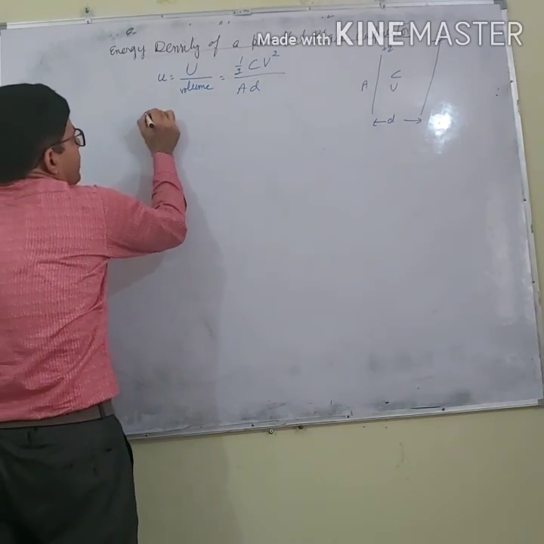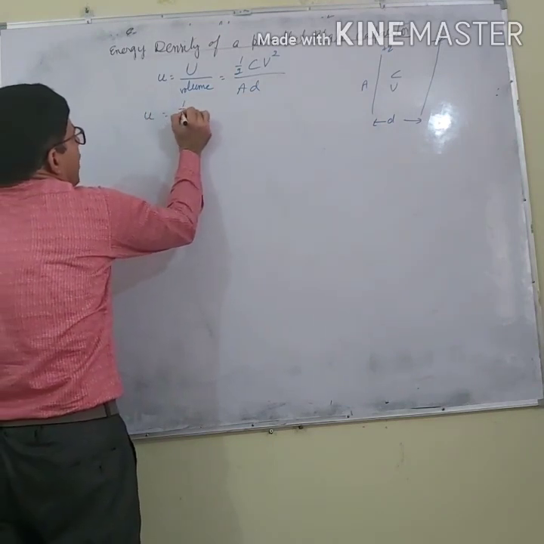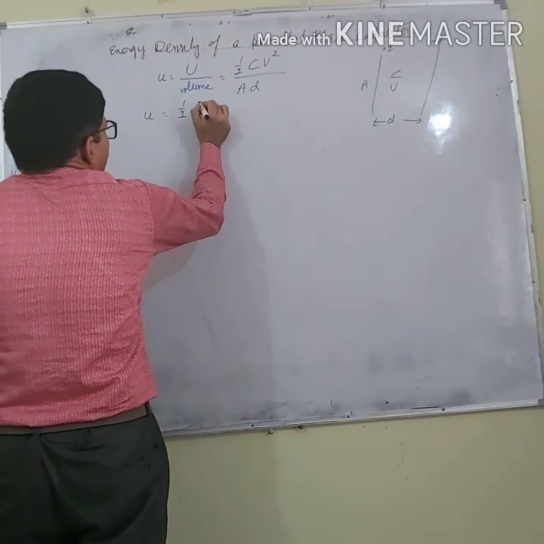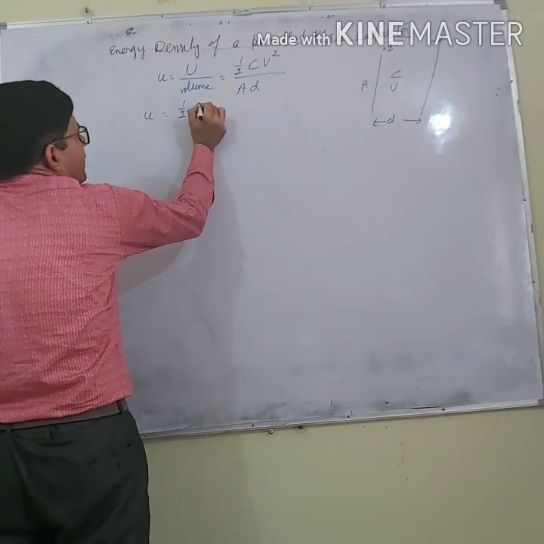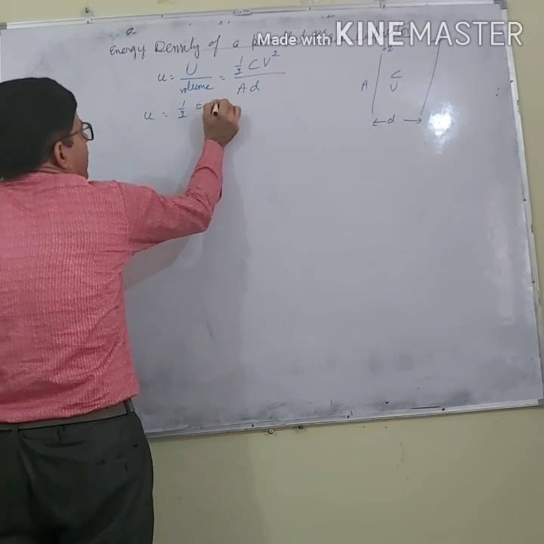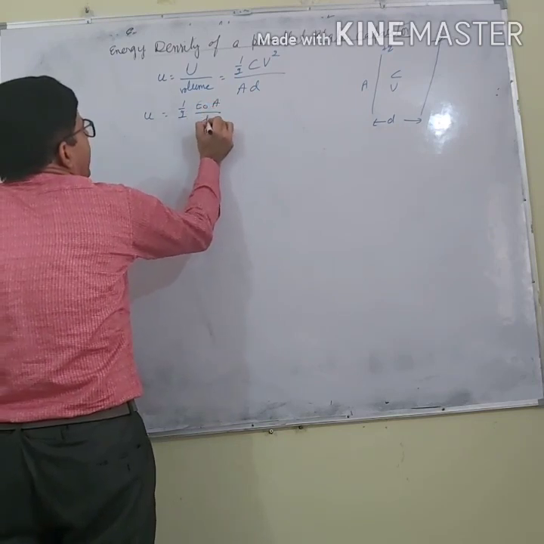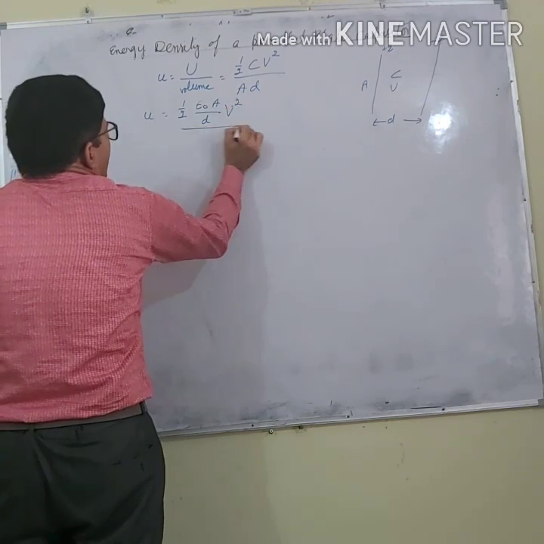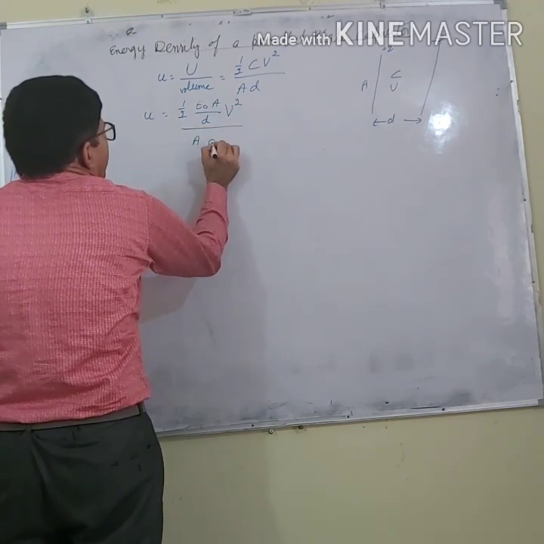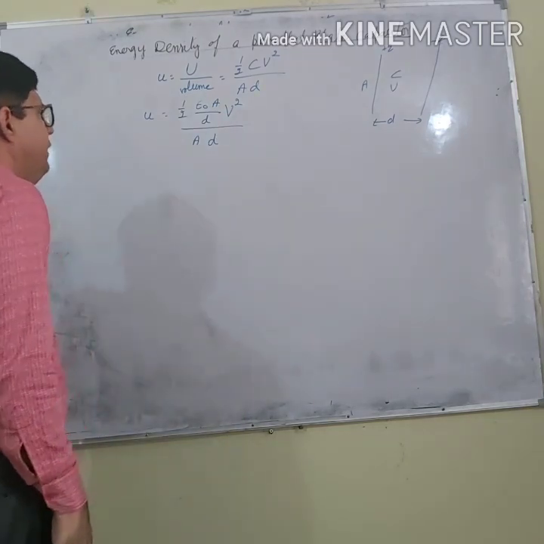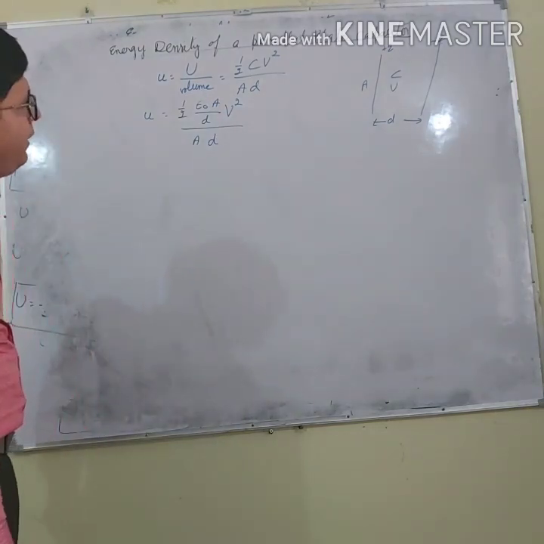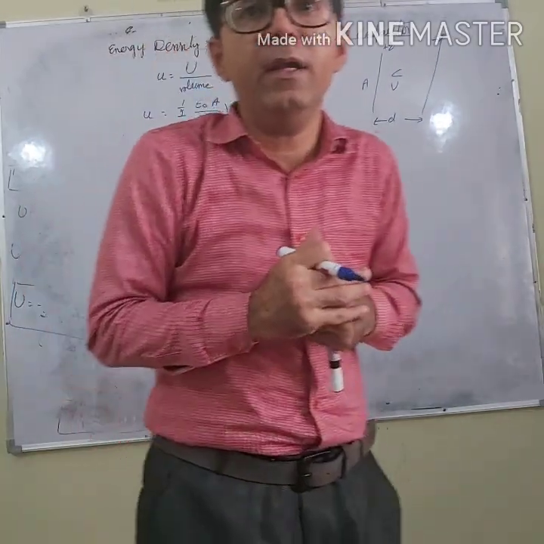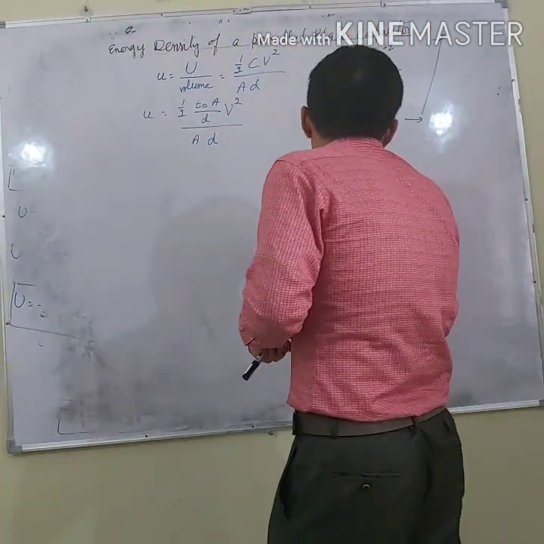So u equals half CV square divided by AD. What is the capacity of a parallel plate capacitor? Epsilon naught A by D. So half epsilon naught A by D, V square upon AD. Now, what is the relation between electric field and potential?